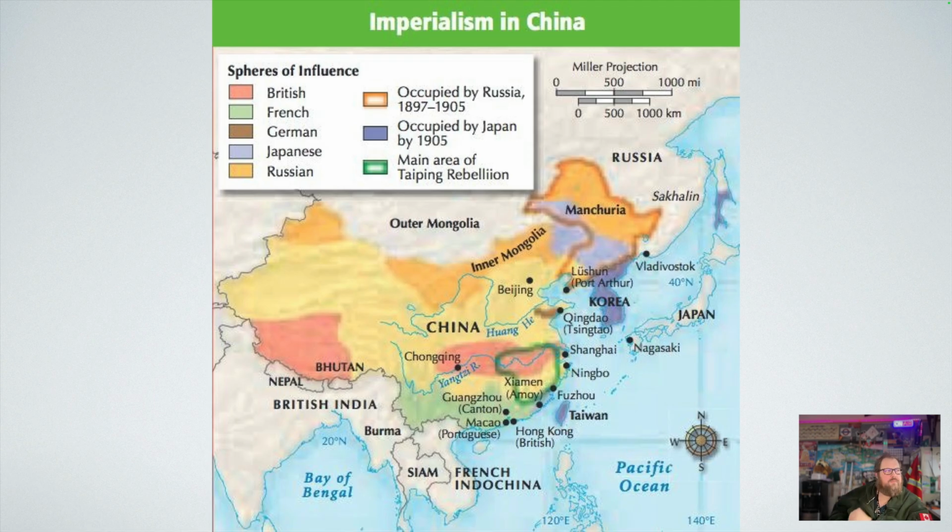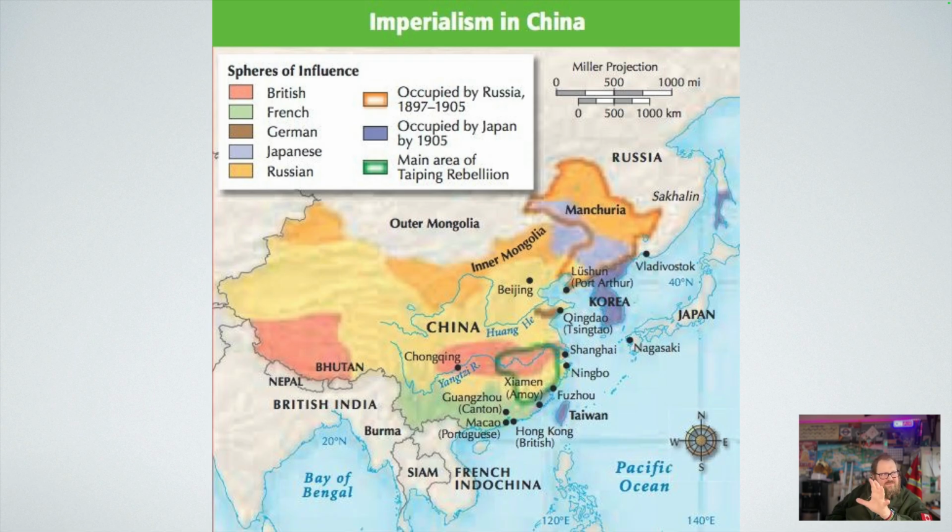Something will pop up. But other countries, the French, the Germans, had a sphere of influence in China. The Japanese, because of their control of Korea, had a sphere of influence in China. The Russians, you can see Manchuria was actually occupied by Russia from 1897 to 1905.